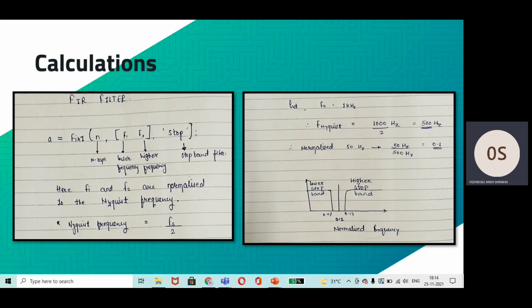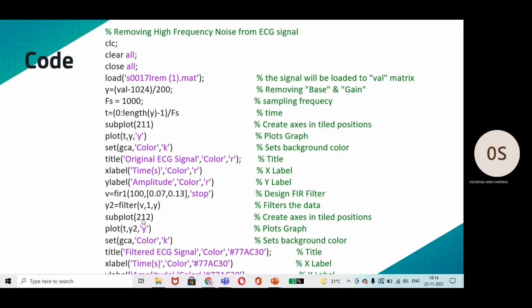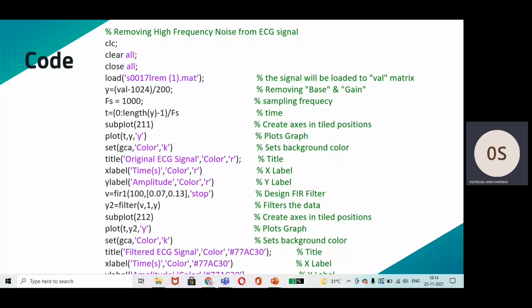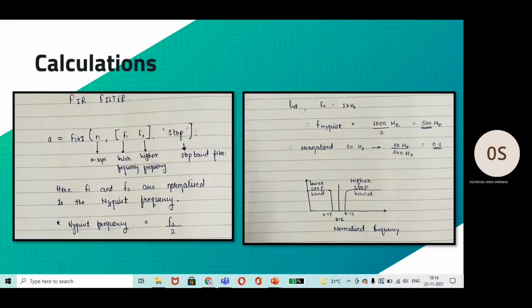Let's see this statement, that is v equals FIR1(100, [0.07, 0.13], 'stop'). This statement helps in designing the FIR filter.